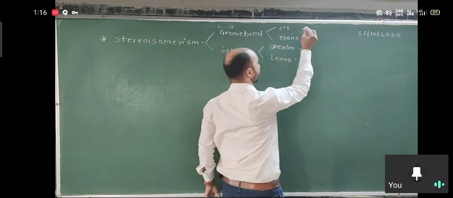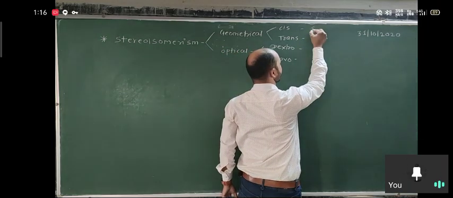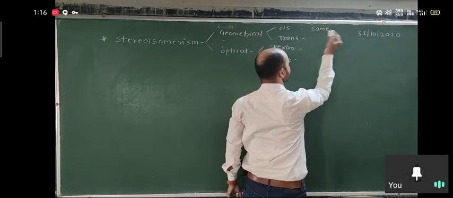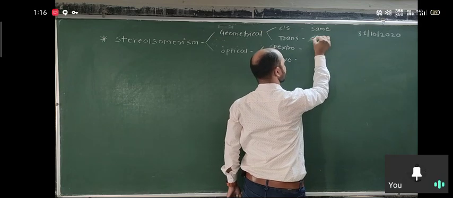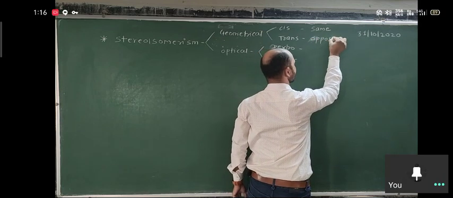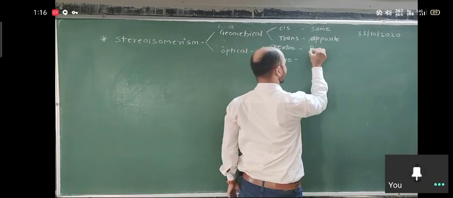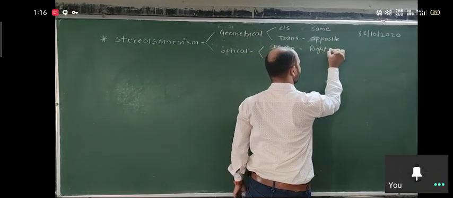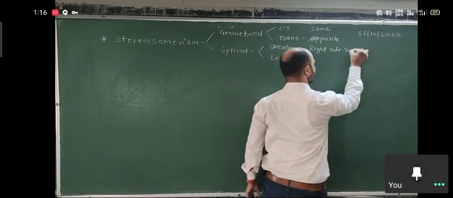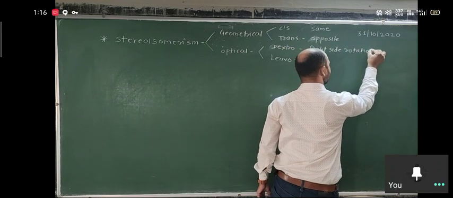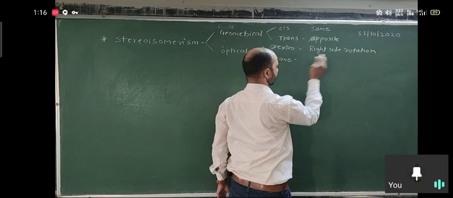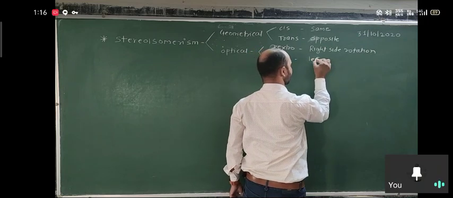Cis means if two groups are on the same side or adjacent, and trans means opposite. Dextro means right side rotation, and Leo means left side rotation.